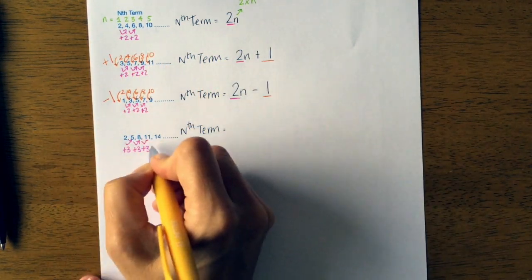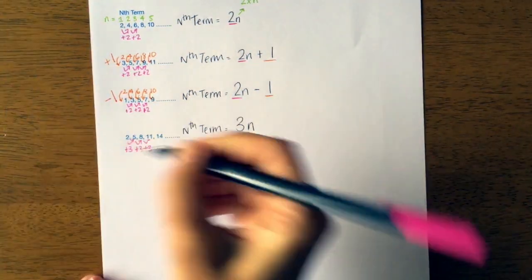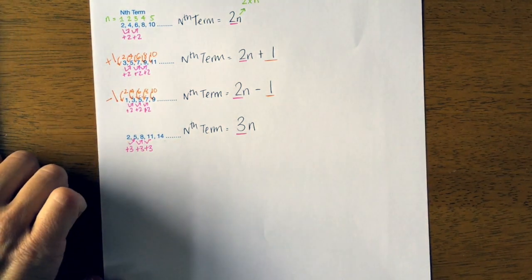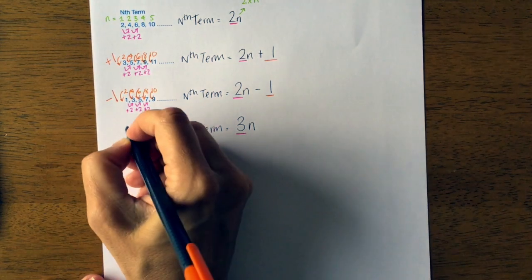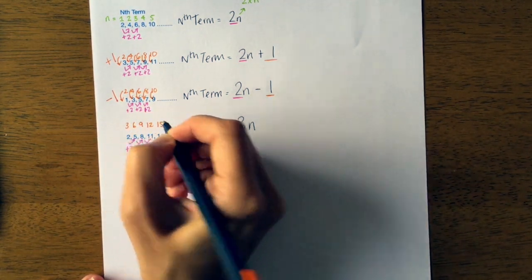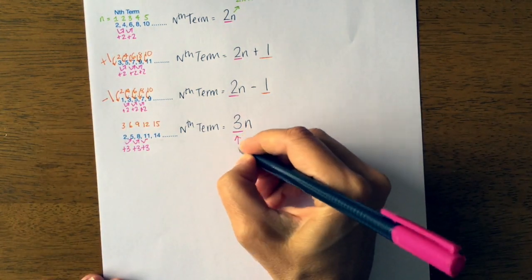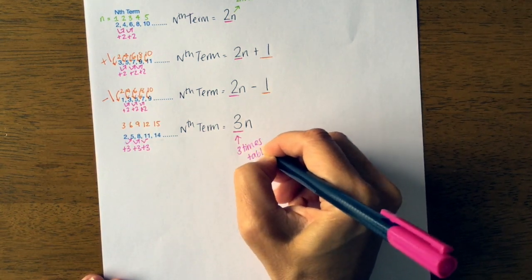So the first thing I would write down, notice these were all 2's and it was 2 here. So this time it's 3, so it's going to be 3n, because it's our 3 times table this time. So what I would do is write out my 3 times table. 3, 6, 9, 12, 15. I'm going to write a little note here. 3 times table.